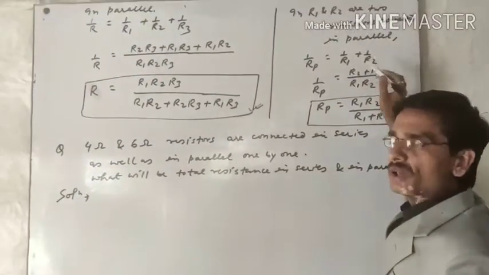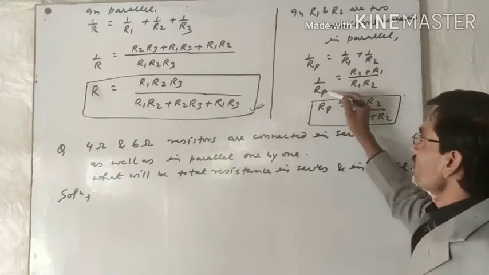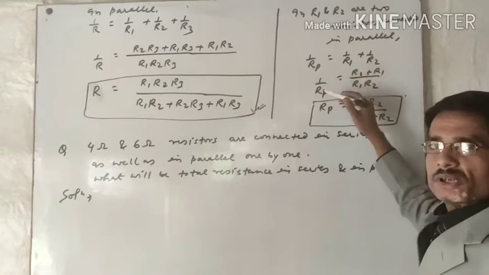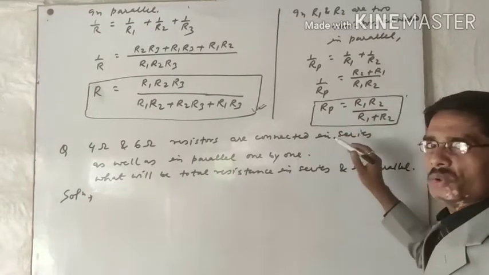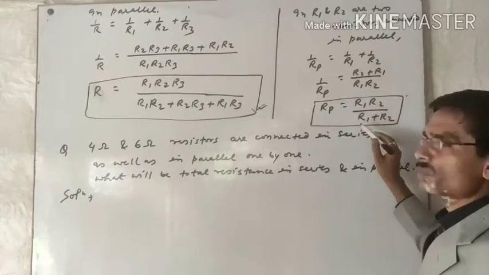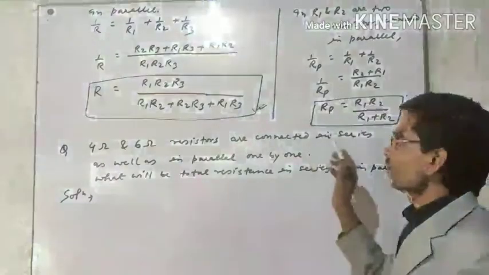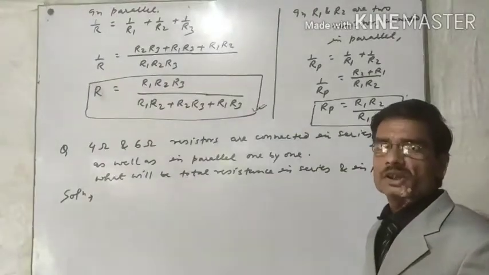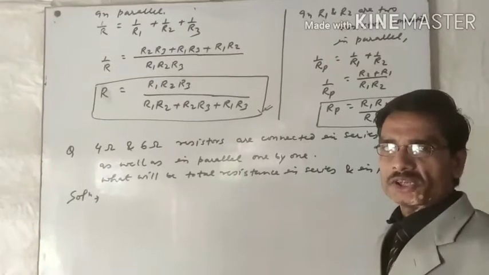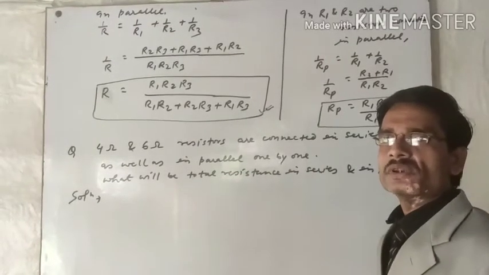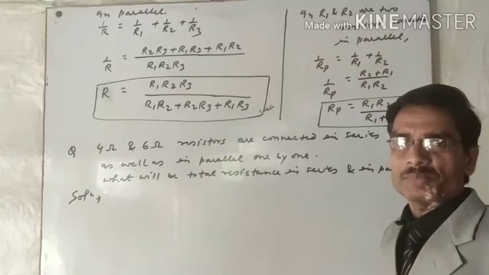R1 को 1 से गुना कीजिए तो R1. If this value is inversed, इस वैल्यू को रेसिप्रोकल किया जाए तो Rp equals R1, R2 by R1 plus R2. In this way, you have got the mathematical relation to obtain the equivalent resistance when two or more resistors are connected in series combination, parallel combination.